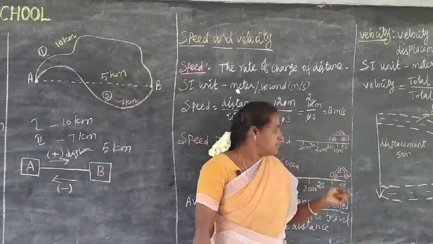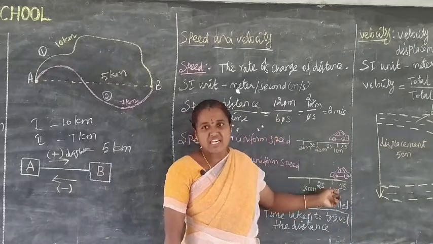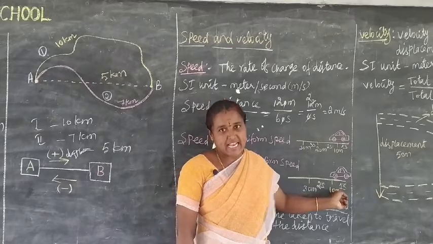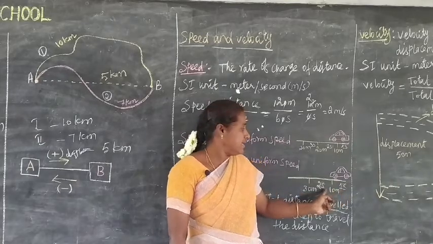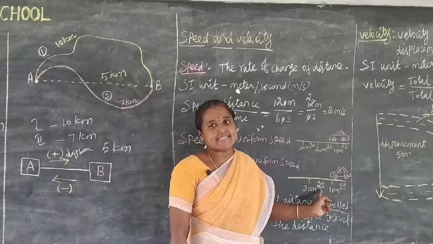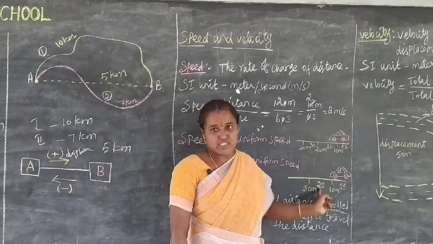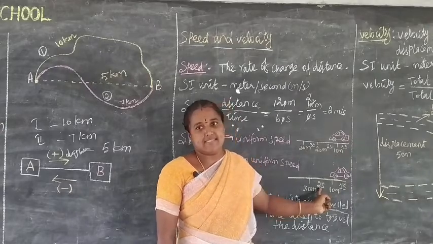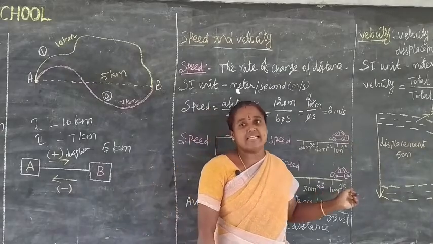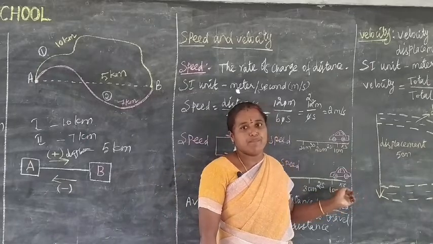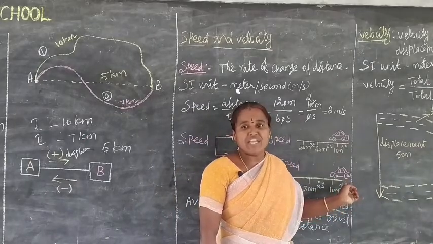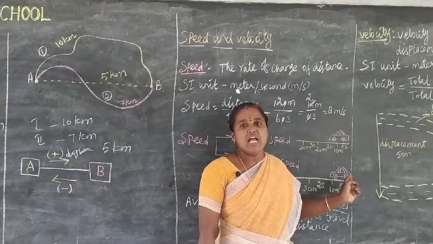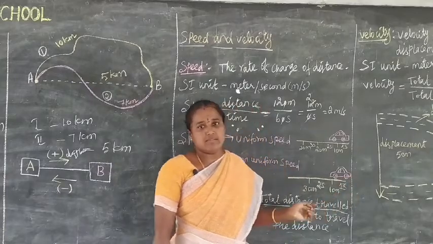For example, suppose the car covers 10 meters in 1 second and 30 meters in 1 second, that is, the car is covering unequal distances in equal intervals of time. Therefore, the car is moving with non-uniform speed.